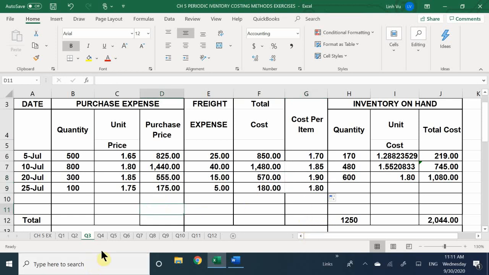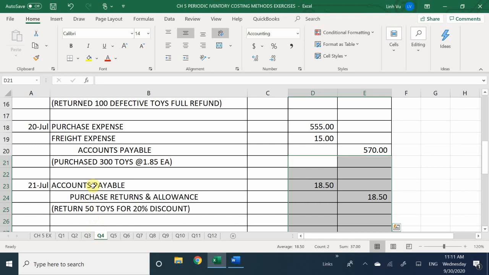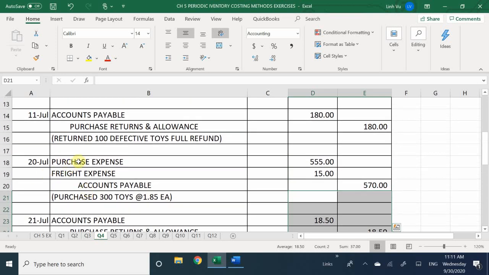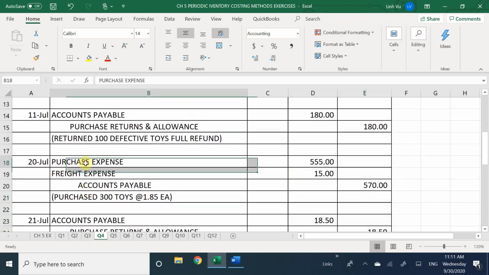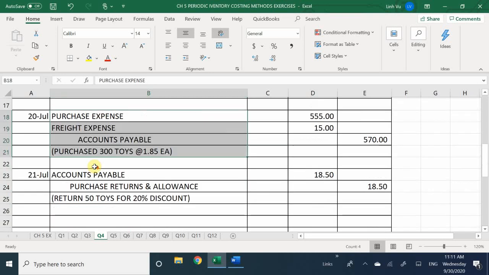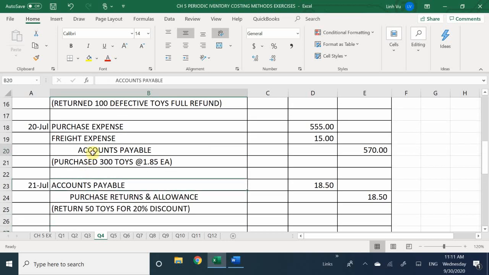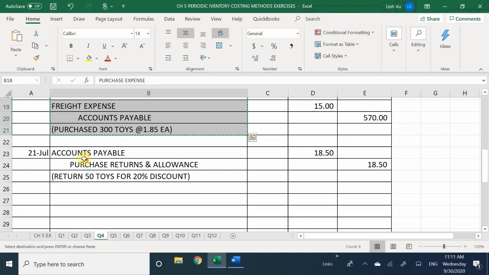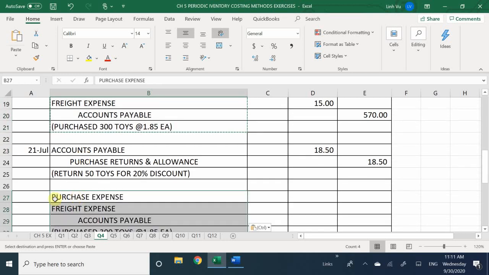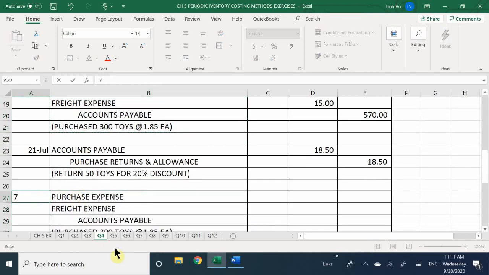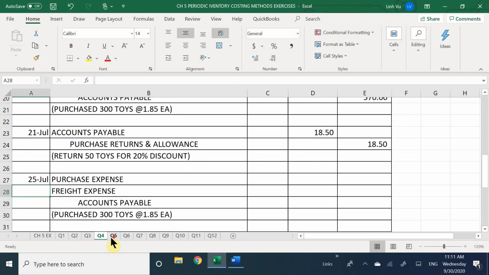Okay. And with that being said, I made another purchase. So I'm going to copy this information right here, and I'm going to apply it down here. Okay, and I'm going to make sure that I make note that this one's on the 25th.